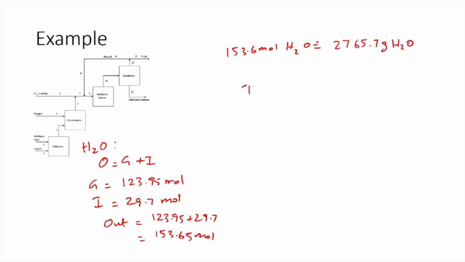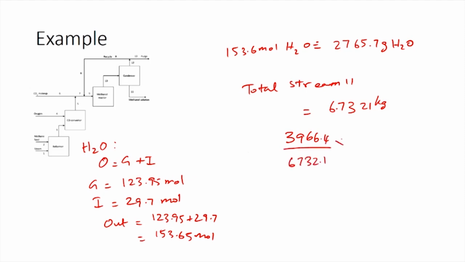So, the total stream 11 mass would be 6.7321 kilograms. Mass percentage of methanol would be 3966.4 divided by 6732.1 times 100, giving you a value of 58.9%.